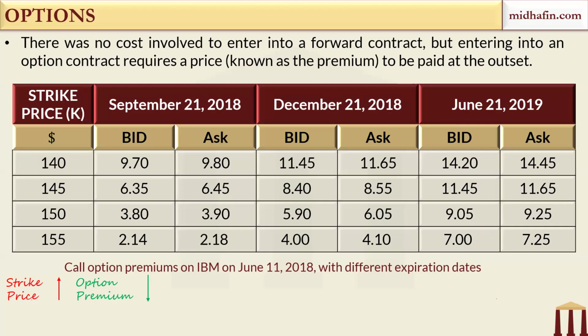See, one thing is again very clear: the call option premium increases as the expiration date is further away. So as the expiration date increases, the option premium also increases. In this entire row, you can see it is continuously increasing. Now, why does this happen?